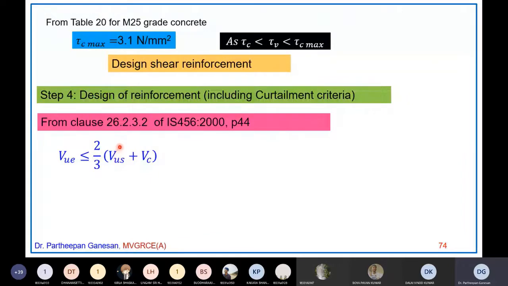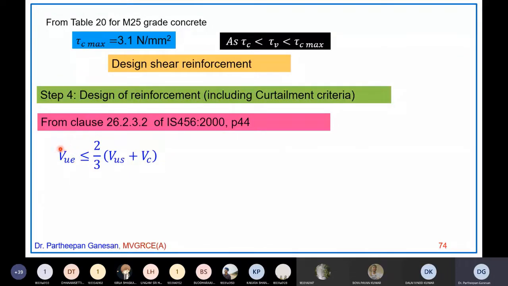Remember, at any section, concrete can take some shear strength, and your stirrups can take some shear strength. If you put them together and take the 2/3 value, the factored shear should be less than or equal to 2/3 of that.